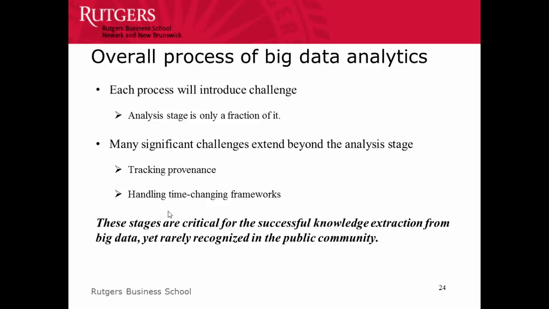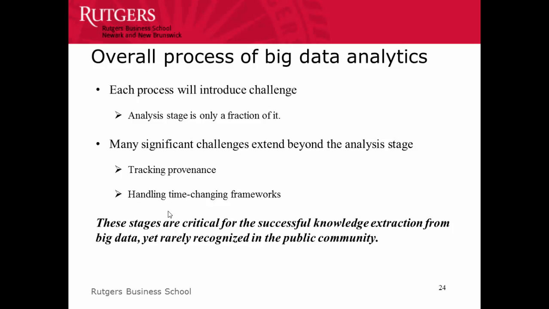The first example could be tracking provenance. So provenance is about how you come to this conclusion. So at each step, what you have done. Provenance can explain how each result was derived and based upon precisely what input, so that if you make an error at some stage, you can easily identify it.